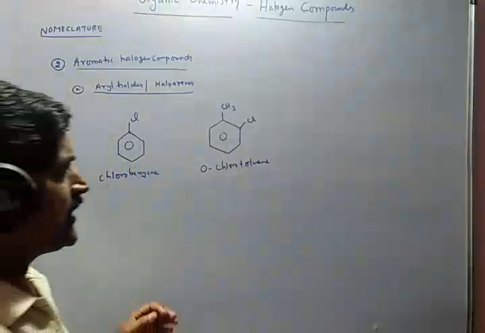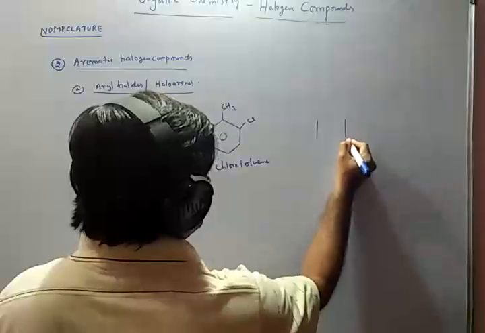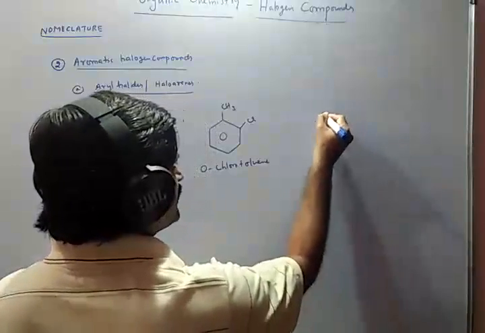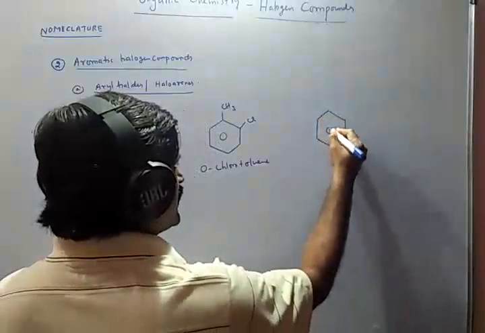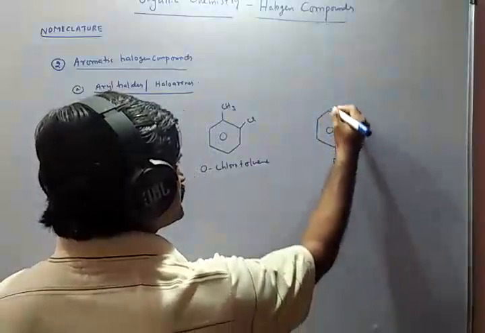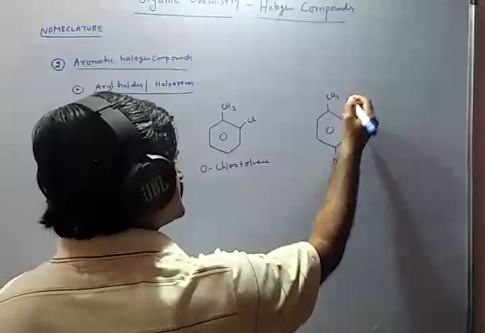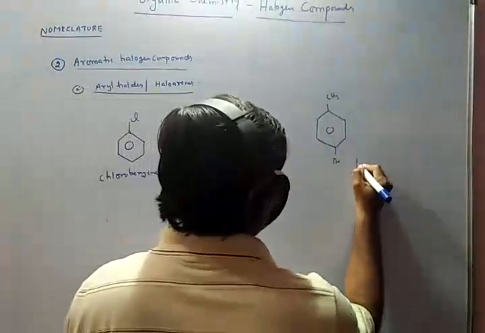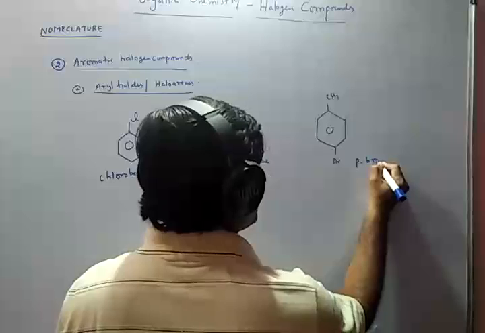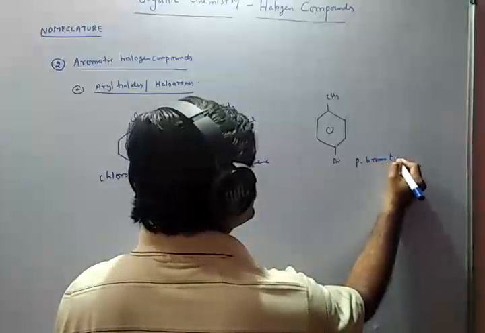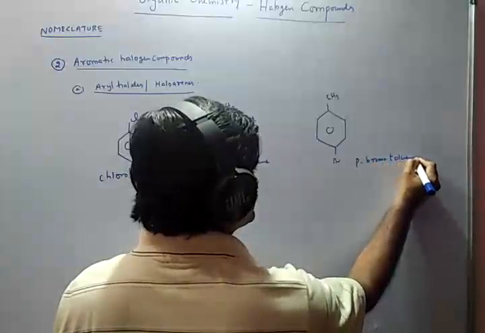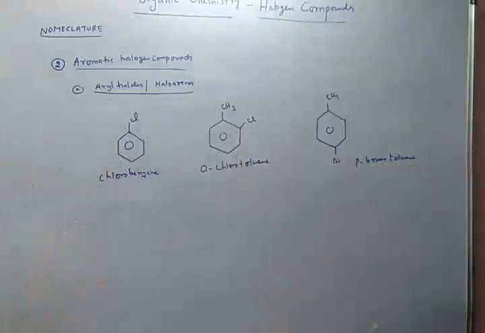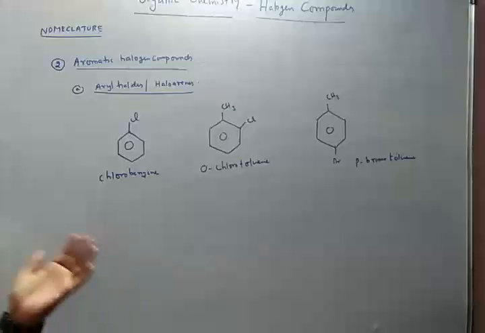In the same way, if the halogen on the benzene ring is linked at the 4th position, this is called para-bromotoluene. So in all the cases where halogen is there, that halogen is located on the benzene ring.